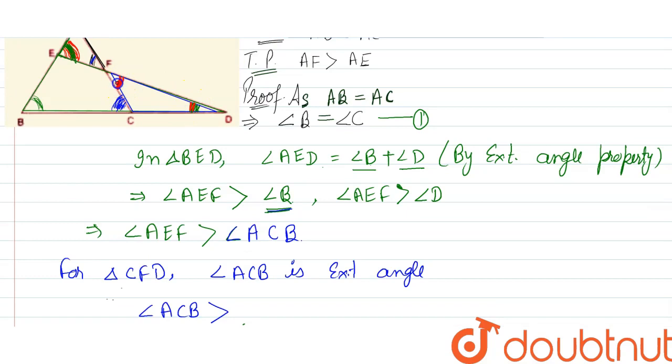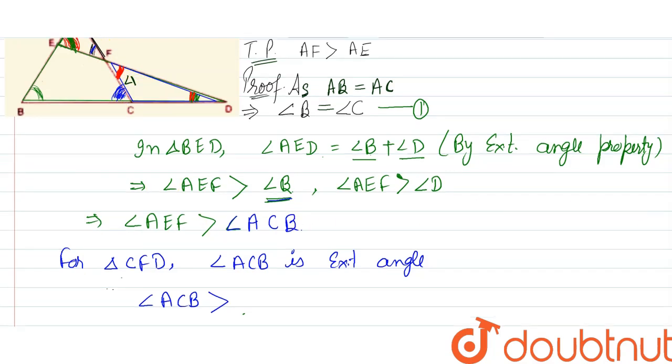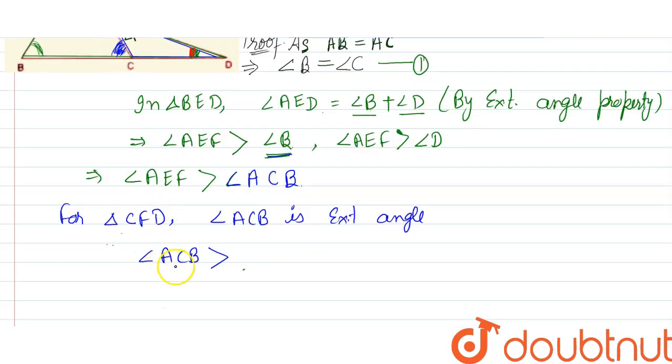This time we need this angle, so let's name it angle 1. In triangle CFD, angle ACB will be greater than angle 1. It will be greater than angle D also, but this time we need only angle 1. So from these inequalities, angle AEF is greater than ACB, and further ACB is greater than angle 1.